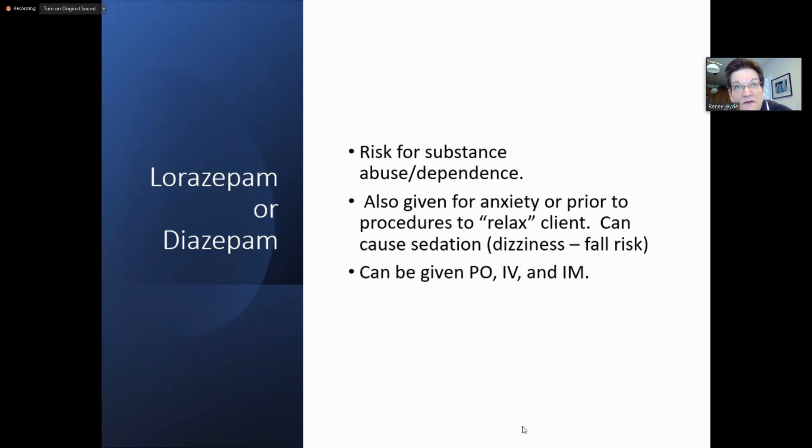And the majority of time, you're giving like 2 milligrams over several minutes, over 2 to 3 minutes, and seeing what effect it may have. And then you may repeat it. I will tell you the majority of patients will have respiratory depression after you've administered at least 6 milligrams. So that is something to watch out for.